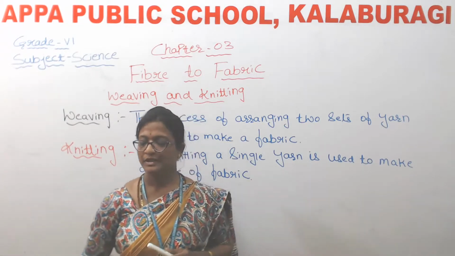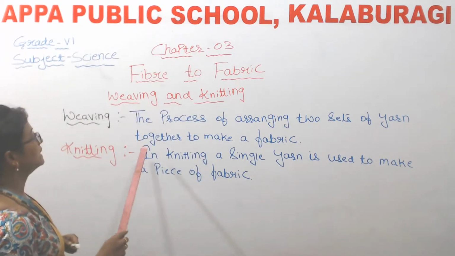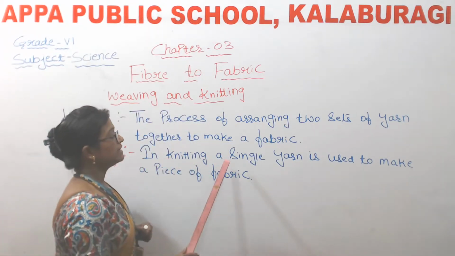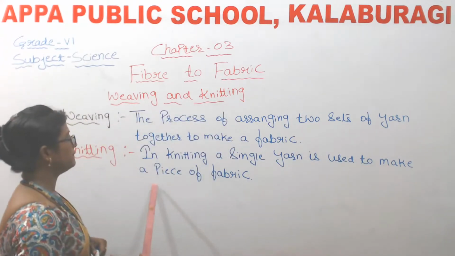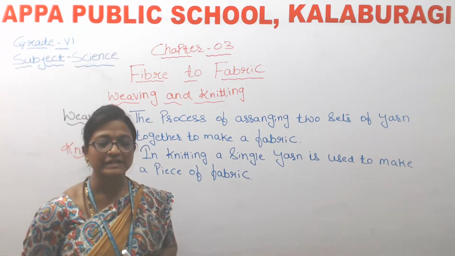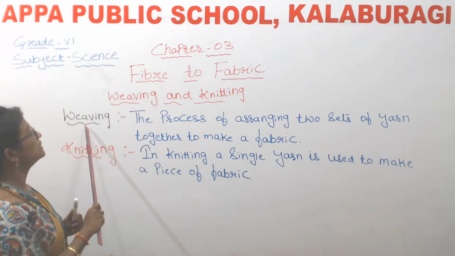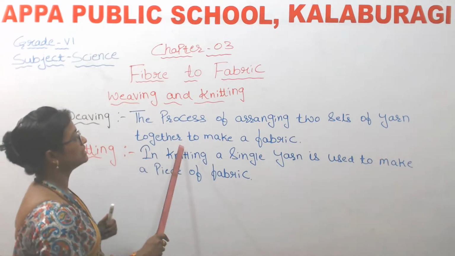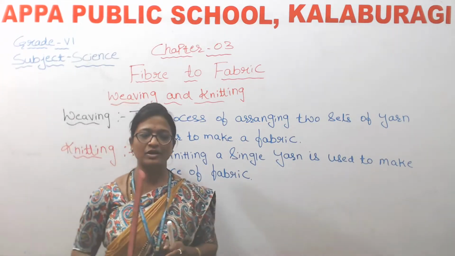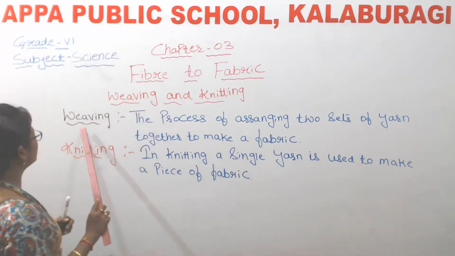So knitting means what? In knitting, a single yarn is used to make a piece of fabric, whereas in weaving, two sets of yarn are used together to make a fabric. Got the difference between weaving and knitting?